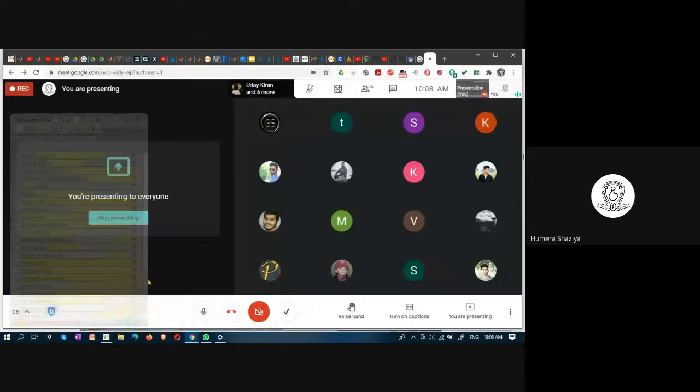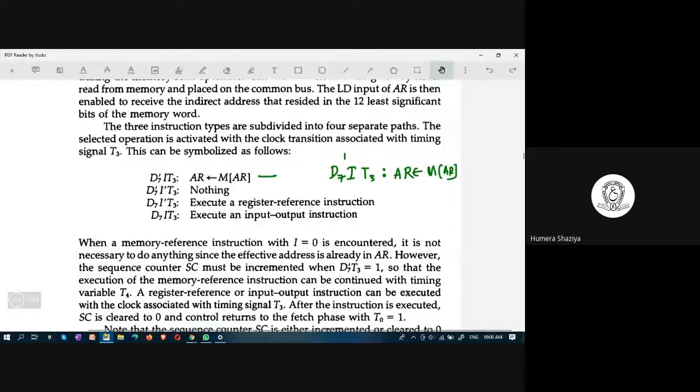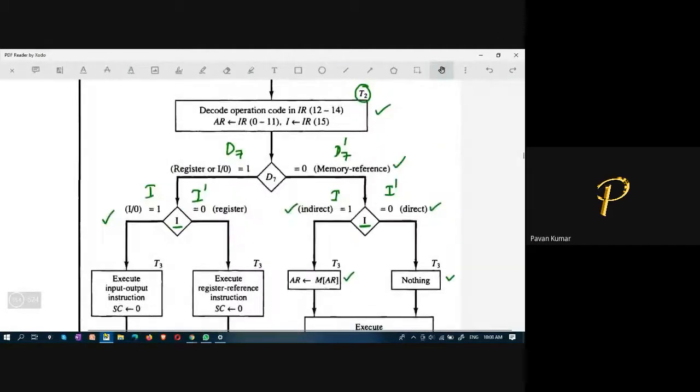By the D7 bit and the 15th bit. That D7 is only I. When I is 0, how do you denote it? I dash. So I dash denotes register.